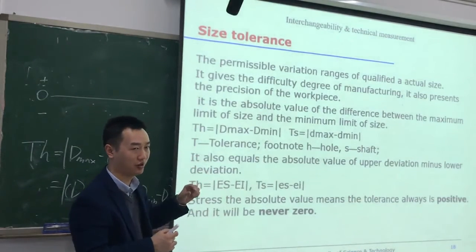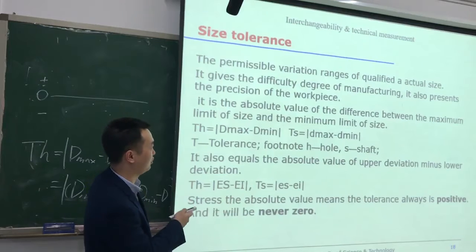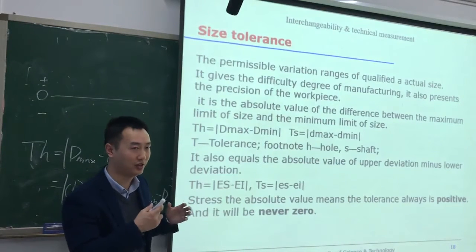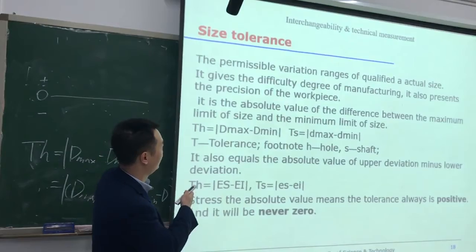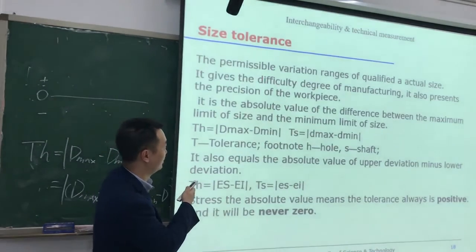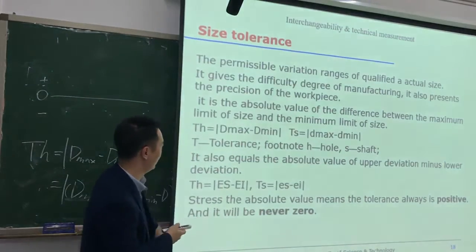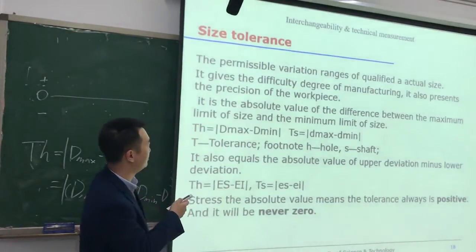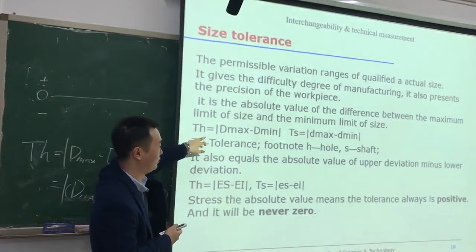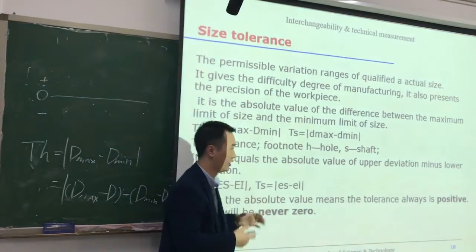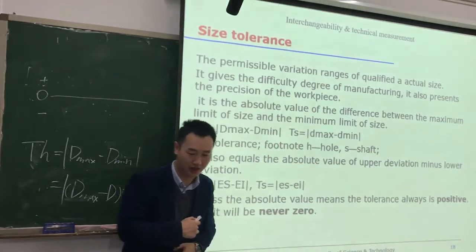If the tolerance is small, you have to manufacture it very precisely, so it increases the difficulty of manufacturing. And if the value is small, it also means that the precision of the workpiece is high.